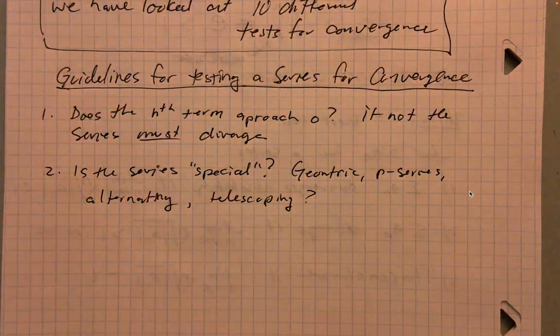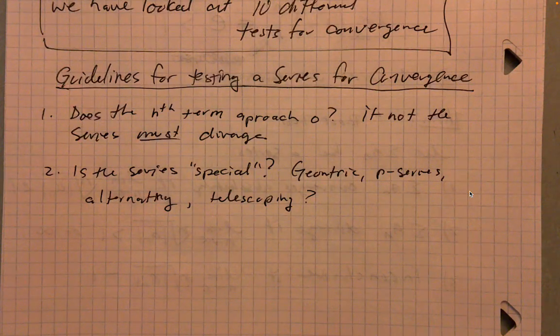Is it one of these types? If it is, even if it's a rather exotic version of one of these, say a really exotic geometric series, but you can see that it is in fact a geometric series, ar to the n, you can apply the theorems for those series specifically, and they're very easy to recall or look up as needed.